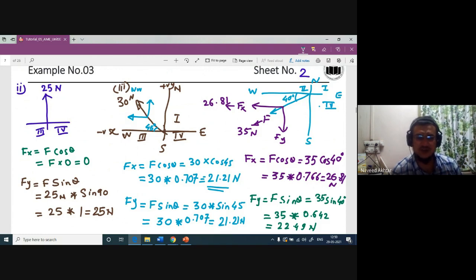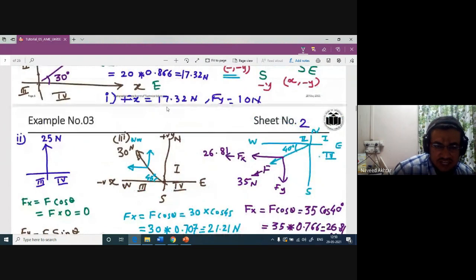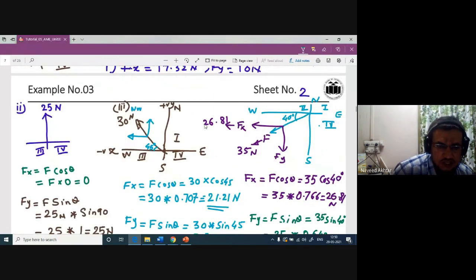So now we have found out all the values of fx and fy. Then we will compare with the results. You can find that for the first force fx is 17.32 and fy is 10 Newton.